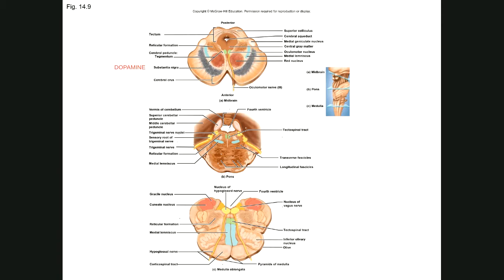Now, this is the next question. The substantia nigra, which produces dopamine, again, is located here in the midbrain. That dopamine does an important thing. It regulates an important group of nuclei in the brain called the basal nuclei.